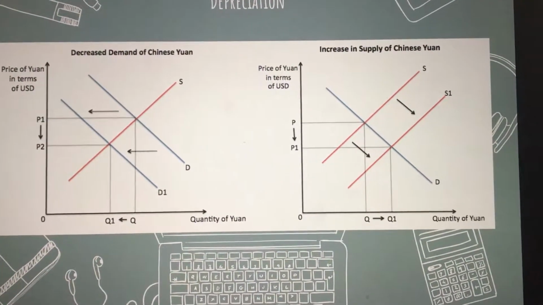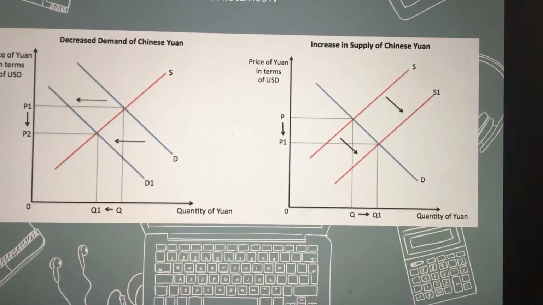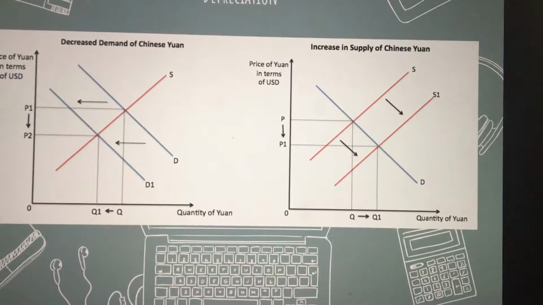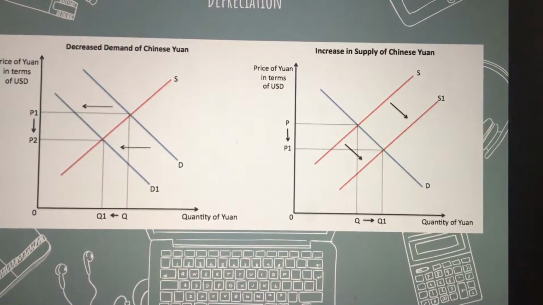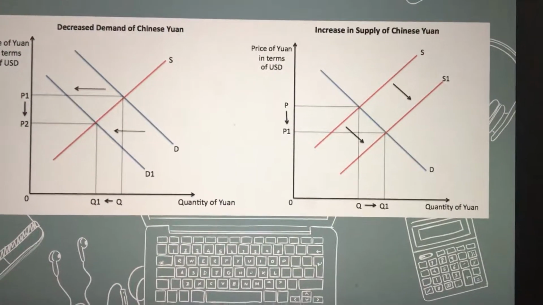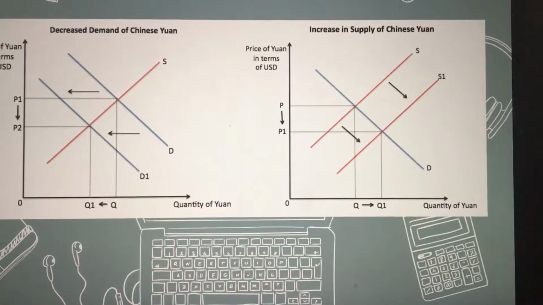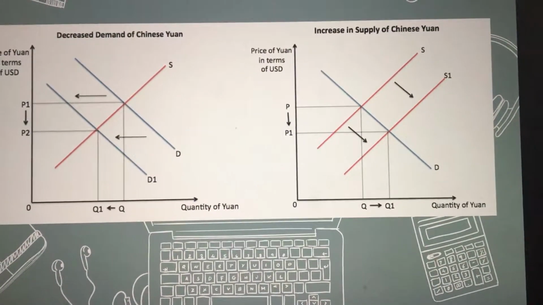Now in the right graph, we have the supply shifting to the right. That would also depreciate the currency because the supply is increasing, so there's more yuan out there in the world, so they're less valuable. And in the left-hand graph, the demand is lower.